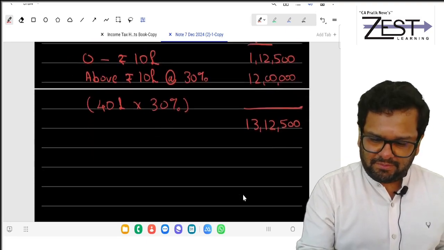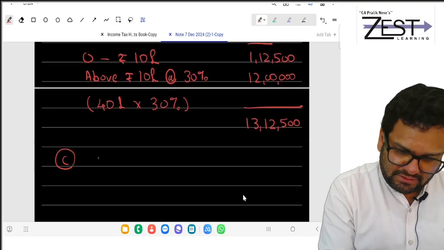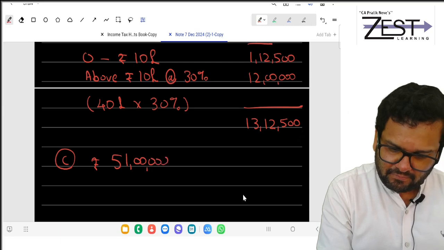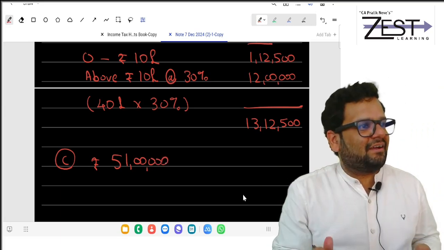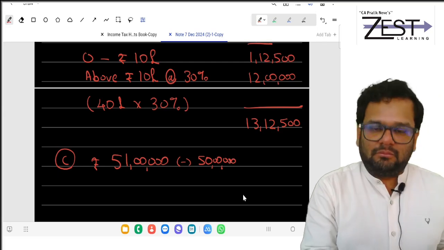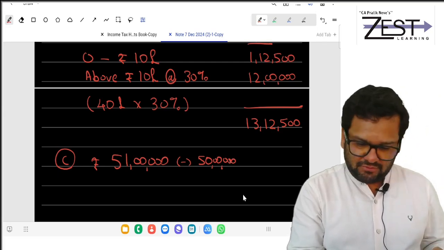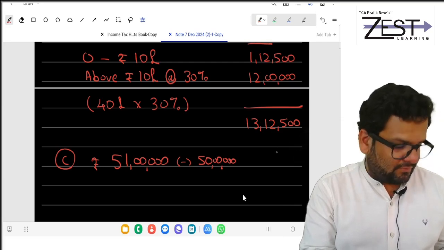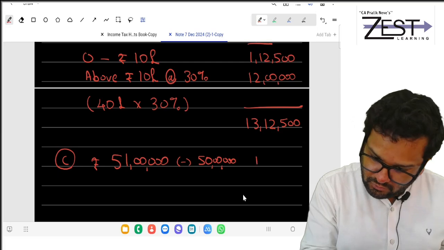Go for C step. C step is your full 51 lakh minus 50 lakh. So the problem is because of how much? Problem is because of 1 lakh.